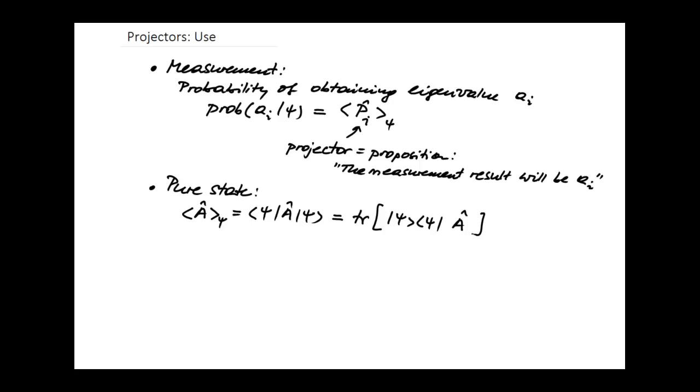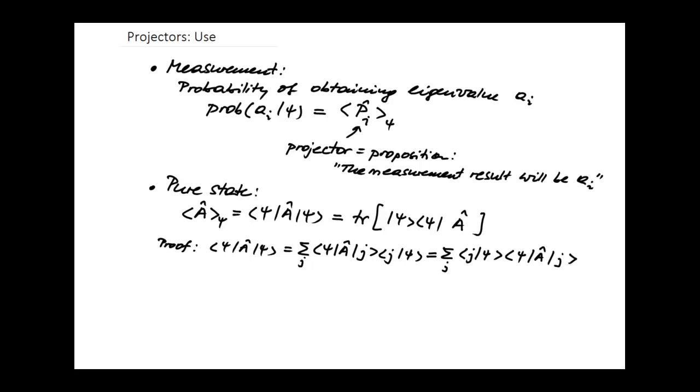Let's look at this expectation value of A. What we can do is insert an orthonormal basis. We can write that as the sum over j of ⟨ψ|A|j⟩⟨j|ψ⟩. We can change the order of our product, and write it as the sum over j of ⟨j|ψ⟩⟨ψ|A|j⟩.